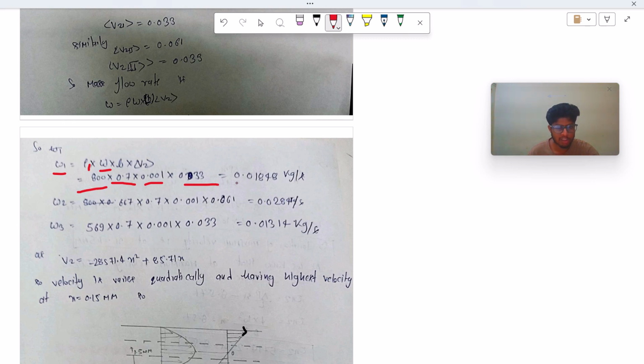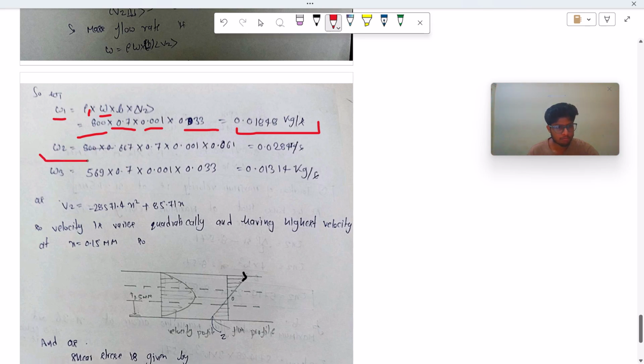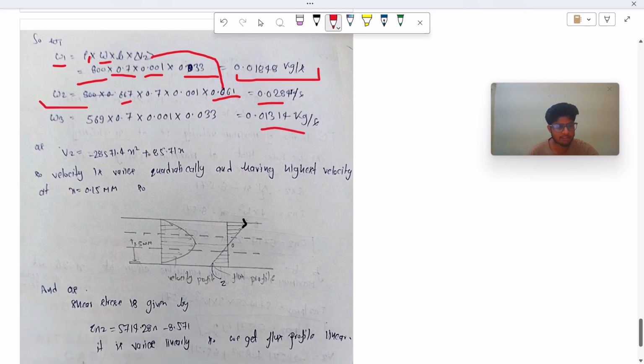We get mass flow rate for fluid 1 as 0.01848 kg per second. Similarly, we get W2. Density will be 6667 and average velocity will be 0.061. We get our mass flow rate for fluid 2 as 0.0284. Similarly, for W3 we find 0.01314 kg per second.